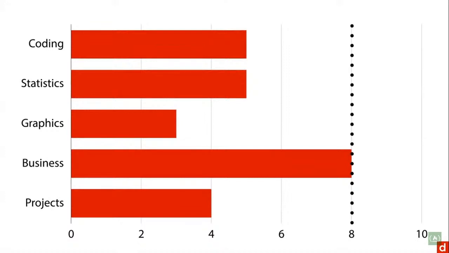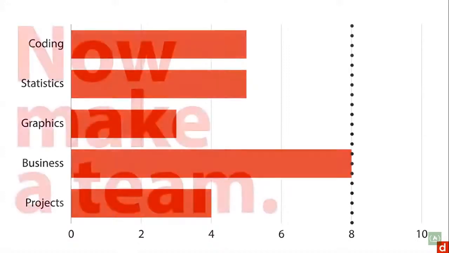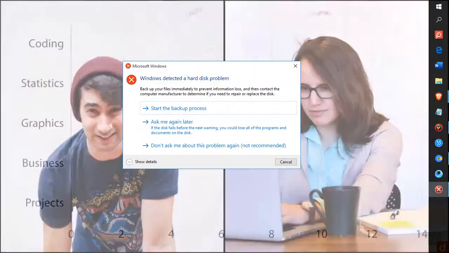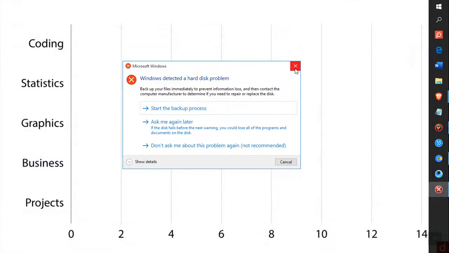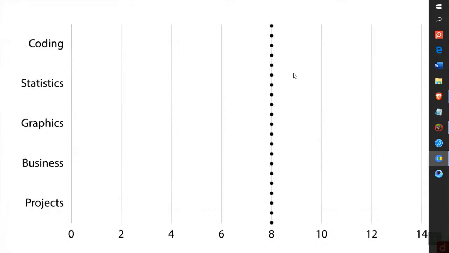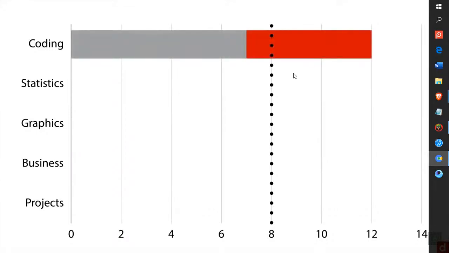Now, the important thing here is that we can make a team. So let's take our 2 fictional people, Otto and Lucy, and we can put together their abilities. Now, I actually have to change the scale here a little bit to accommodate the both of them, but our criterion still is at 8. We need a level of 8 in order to do the project competently. And if we combine them, oh, look, coding's now past 8.